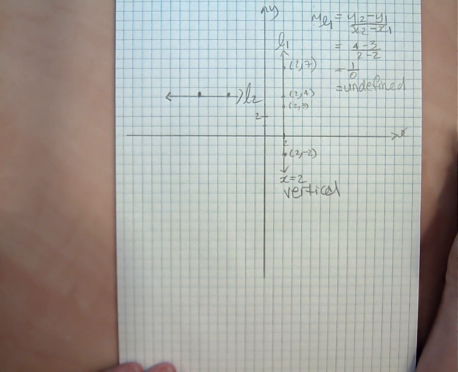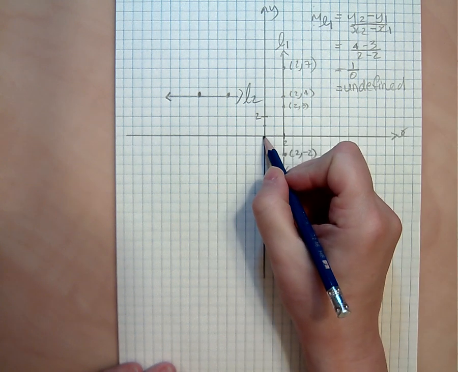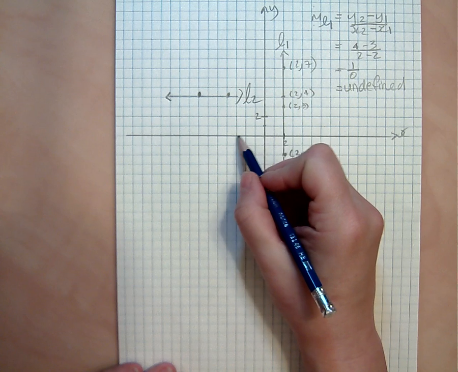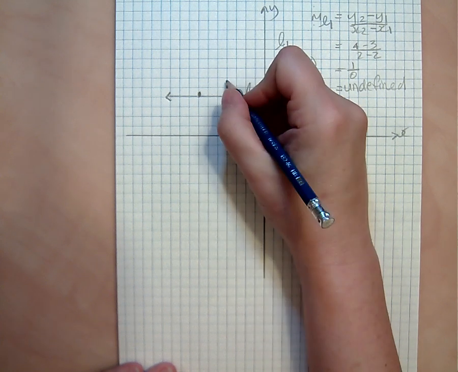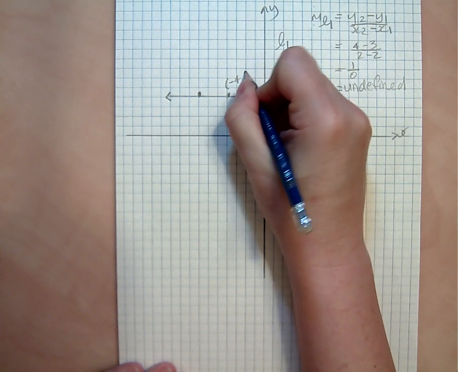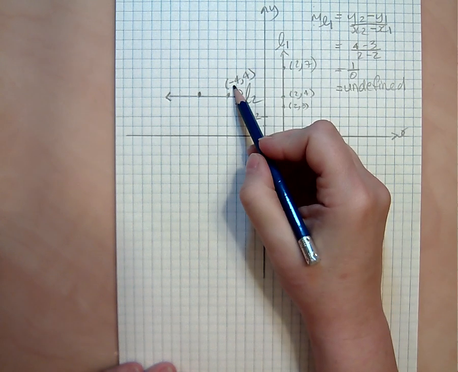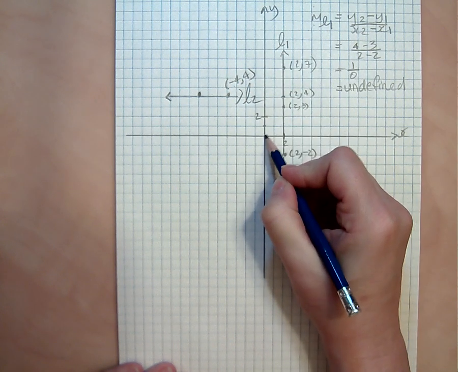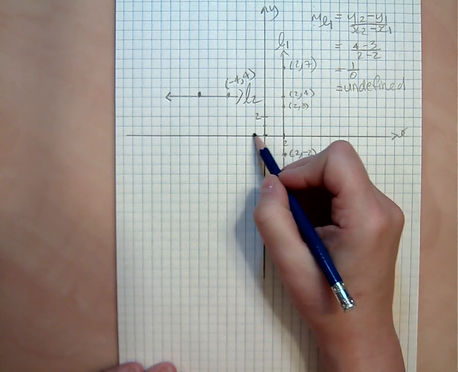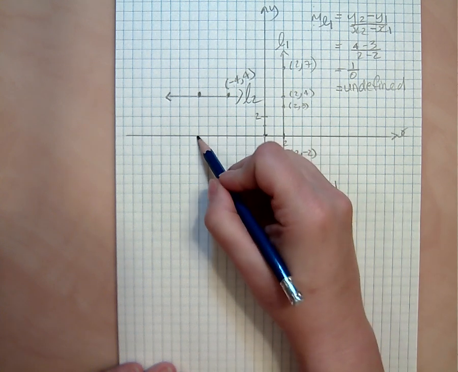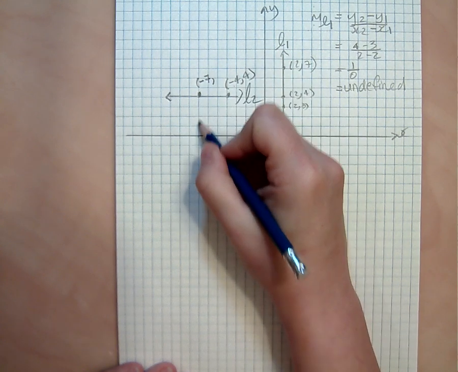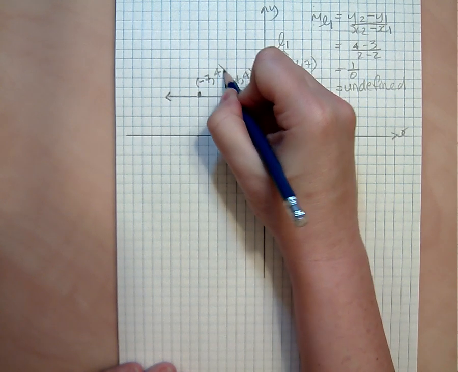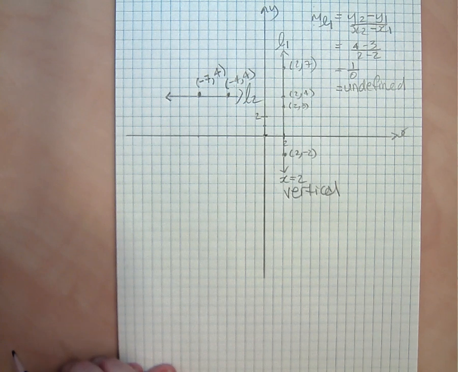So here we have the point negative 4, 4, which means left 4, up 4 from the origin of 0, 0. This is 7 left. In math, we write 7 left like that, and then up 4, we write like this. So those are 2 points on that line.